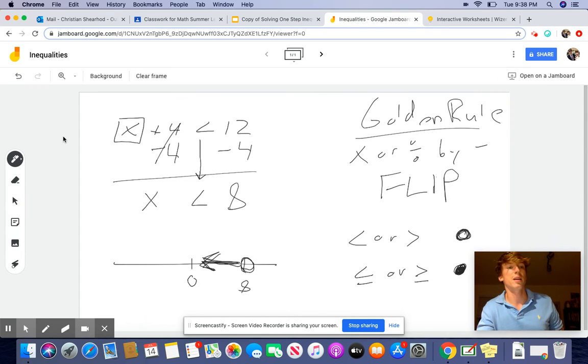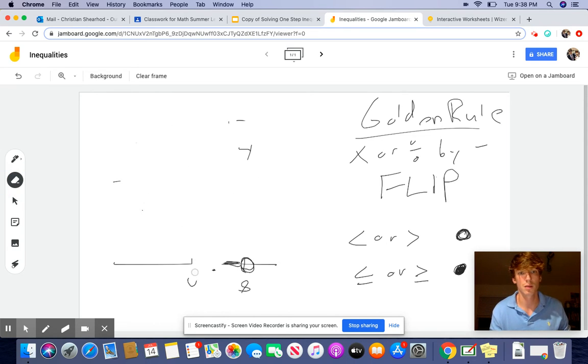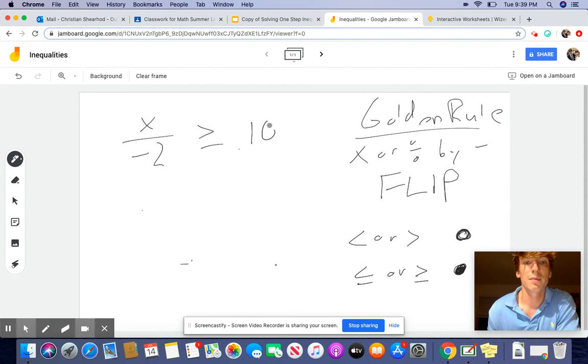Let's go ahead and clear this out. Let's do one with, I don't know, division? Yeah, let's do one with division. So let's say we have x divided by -2, greater than or equal to 10.